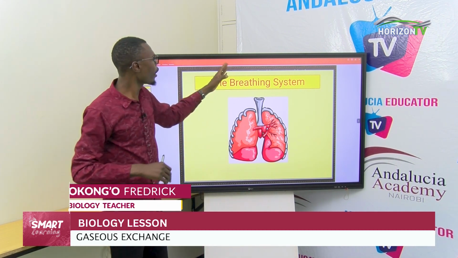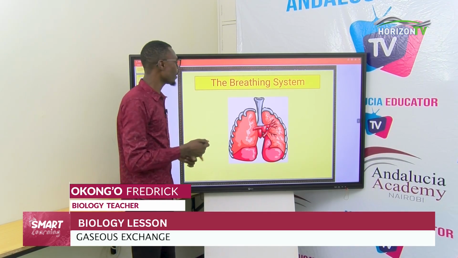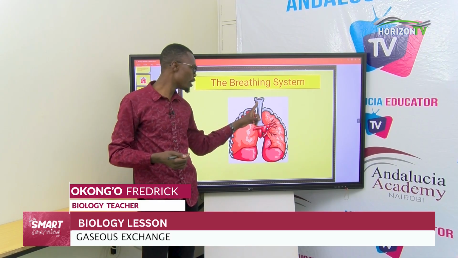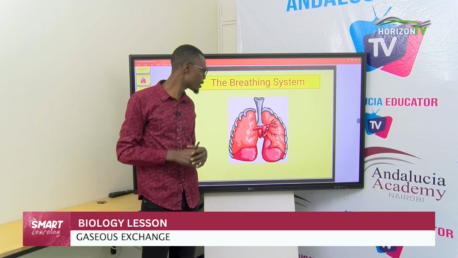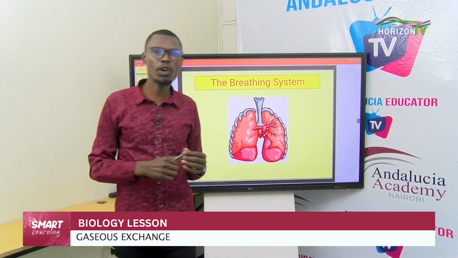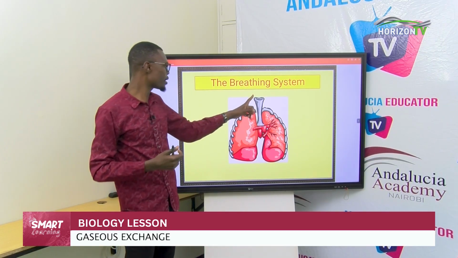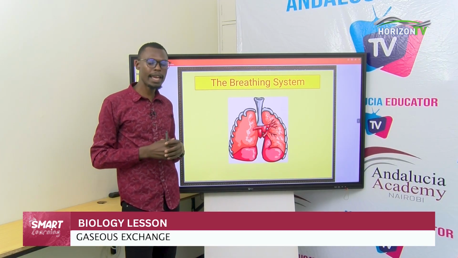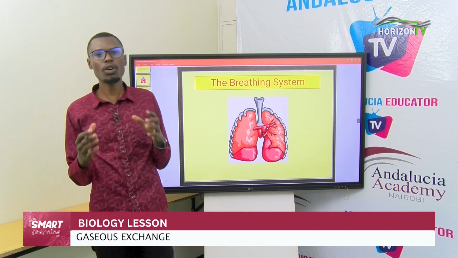They get into the body through the nose, then they enter through this larger tube. That tube has rings of cartilage, and we call this tube the trachea. The trachea has a ring of cartilage around it just to keep it open.